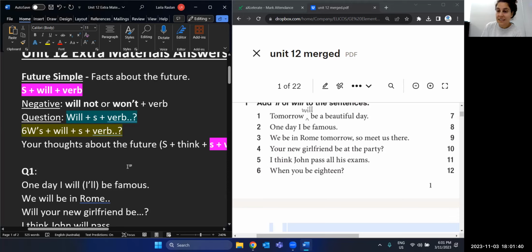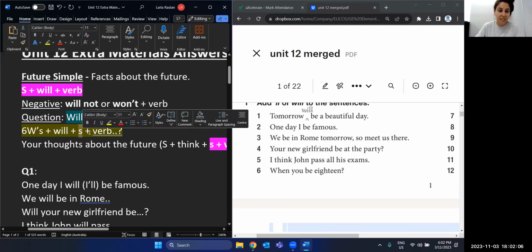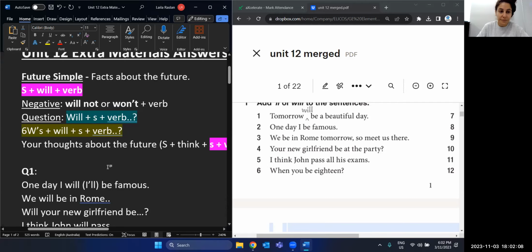Like, where will you study next year? When will you travel? Why will you work on the weekend? What will you see? Yes. So remember, it's the W's first and then straight away will. What will? Where will? When will? Why will? So you got to keep that together. Subject, verb. So when will you be 18?